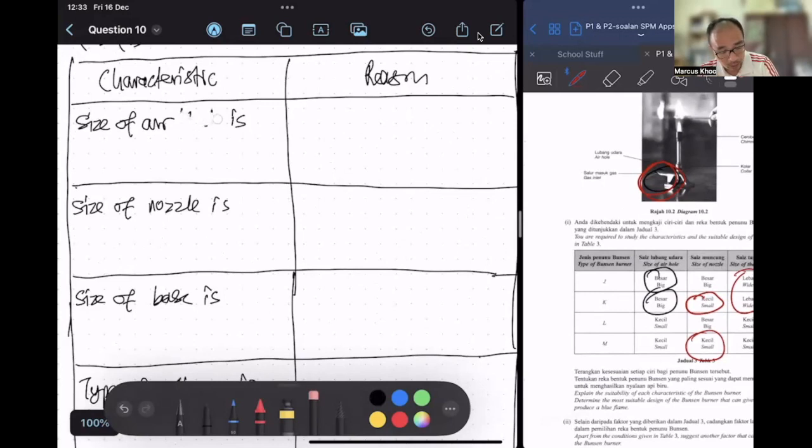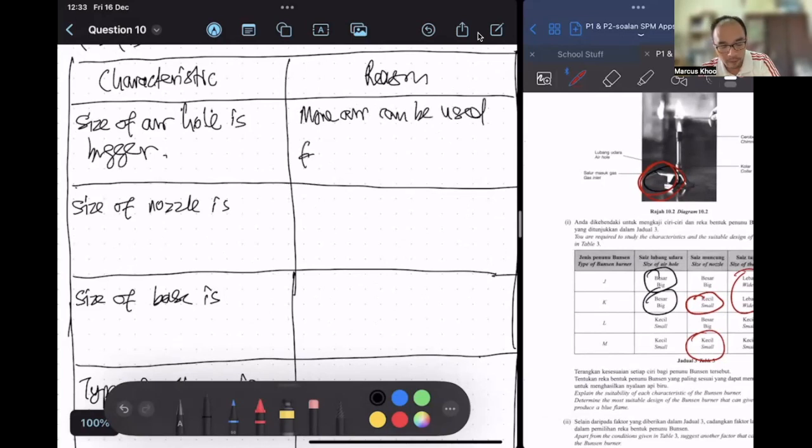Sorry, air hole. The size of the air hole is bigger, so more air can be used for combustion.